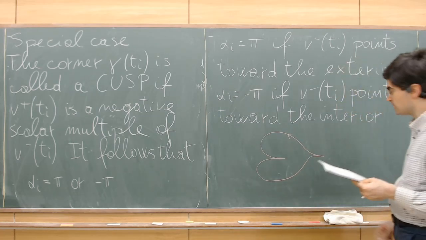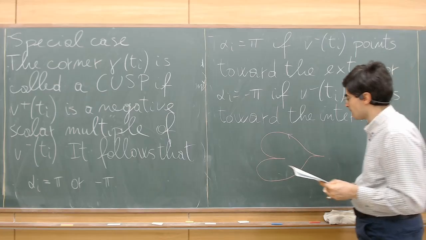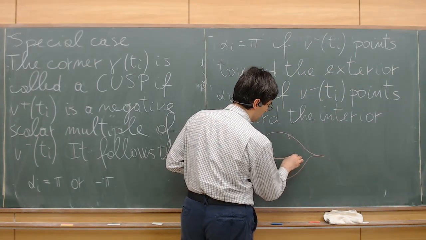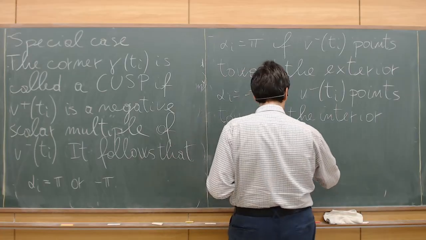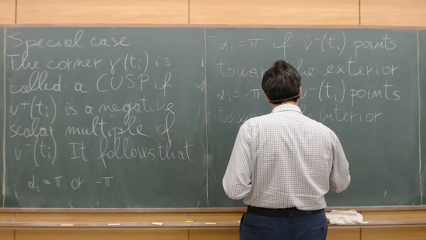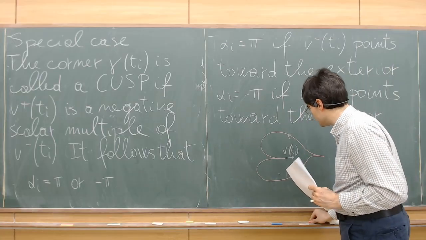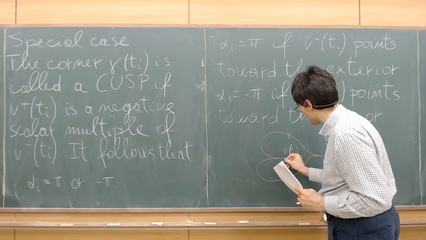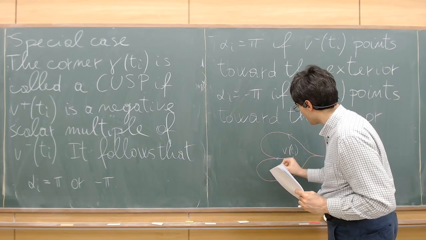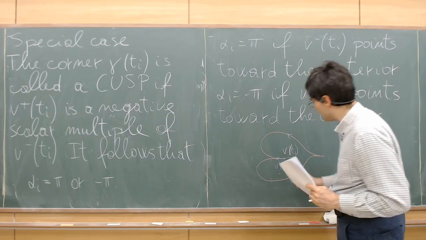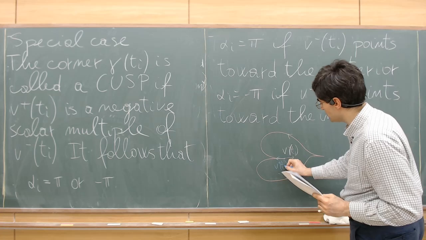Then in this case V minus T1 points this way, and V plus T1 points this way.